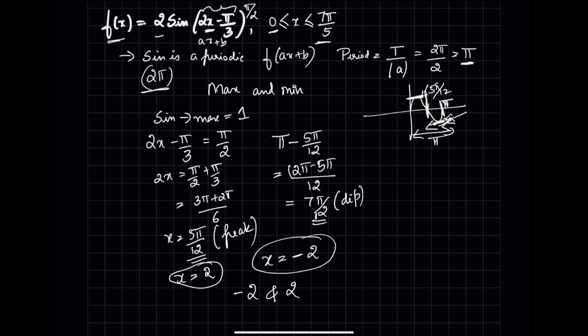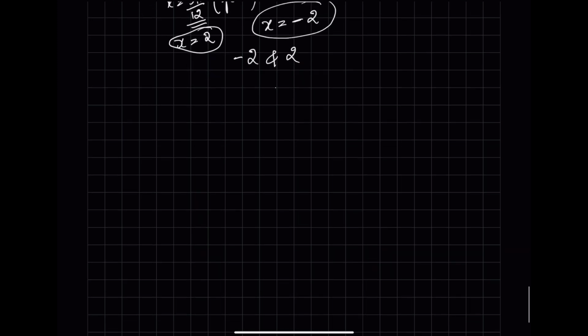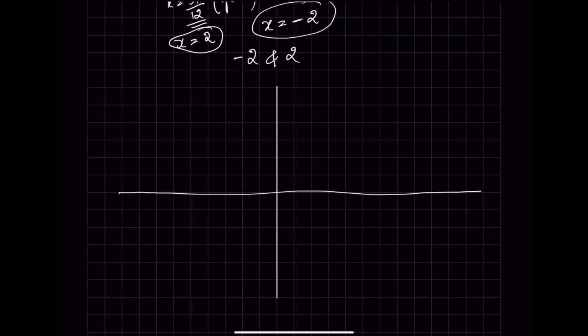Now let's start to plot this. So let's take a graph. This is the y-axis, this is the x-axis, x', y', and this is 0. We know that the max that we will achieve is 2, so let this be 2.